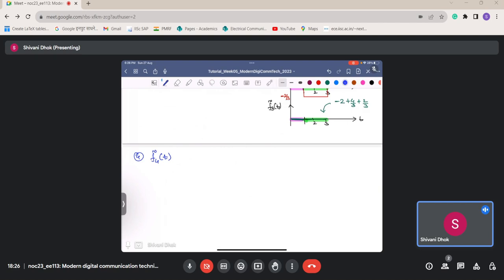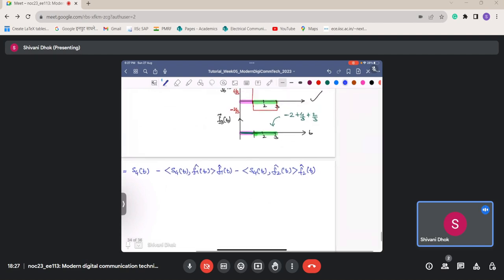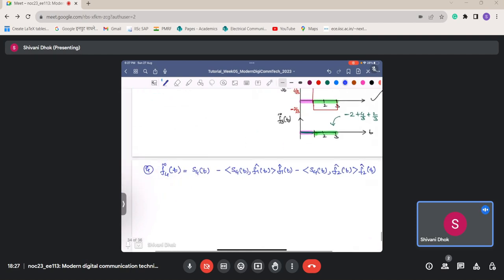So this intermediate thing, f4 tilde of t, is simply s4 of t minus inner product of s4 of t with f1 hat of t, minus inner product of s4 of t with f2 hat of t, and we won't be having the third thing because this f3 hat of t is basically 0.